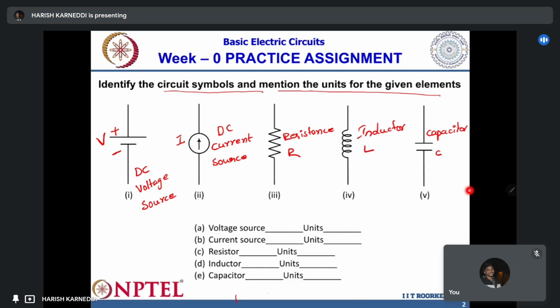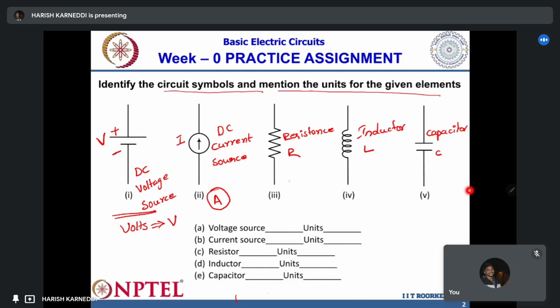What are the units of voltage? The unit of voltage is volts, usually represented with V. Similarly, the unit for current is amperes, represented with A. What about the units of resistance?